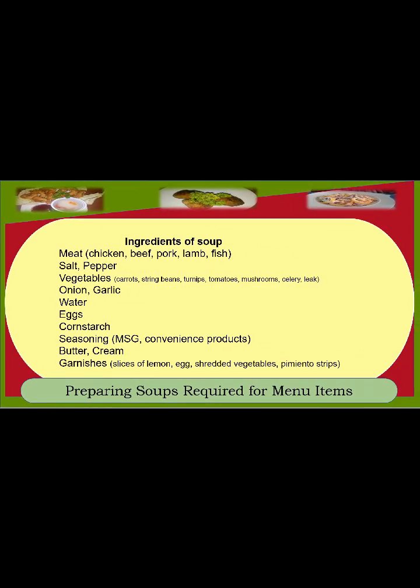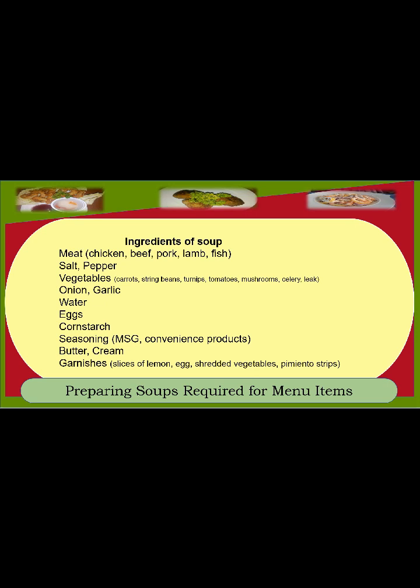Okay, for the ingredients of soup, of course, we have the meat. So let's just choose. It's either chicken, beef, pork, lamb, fish, depending on the type of soup that we're going to prepare. Alright? Then we have salt, the pepper, vegetables. For the vegetables, we can use carrots or string beans or turnips or tomatoes or mushrooms or celery or leek.